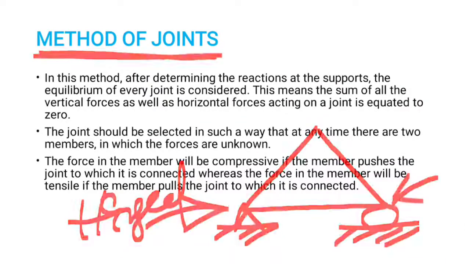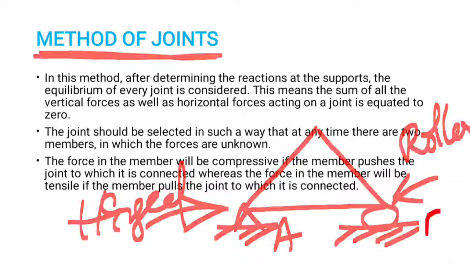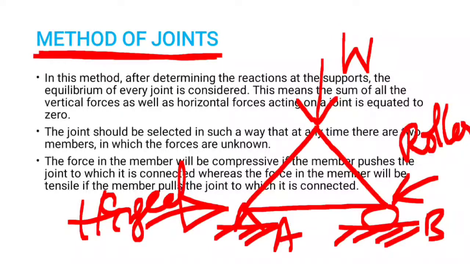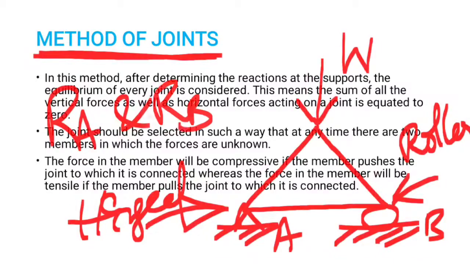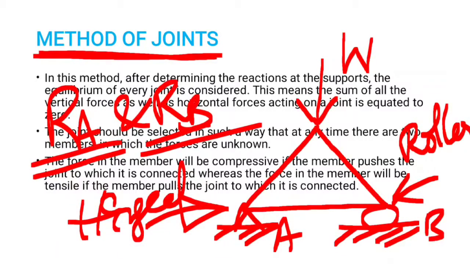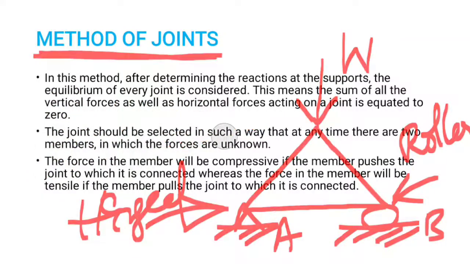This is a roller support. This is A and this is B. Let's say a load W is acting at the joint. We calculate RA and RB values. The reactions at A and B are calculated first. In any method, both the method of joints and method of sections, first we calculate the reactions.